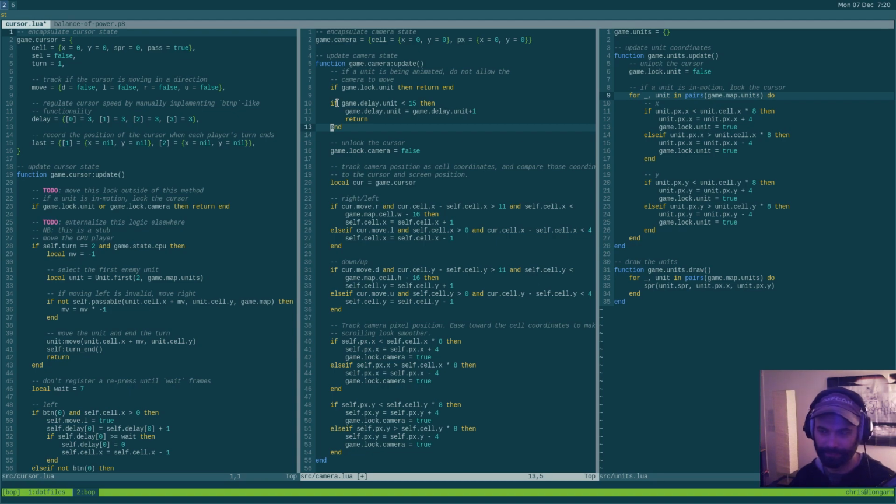Something like that. So if it's locked, return. But once the lock is released, we make it here. If our delay is less than 15, increment the delay and return. So that should pause for 15 loops, I think. Let's see what it does.